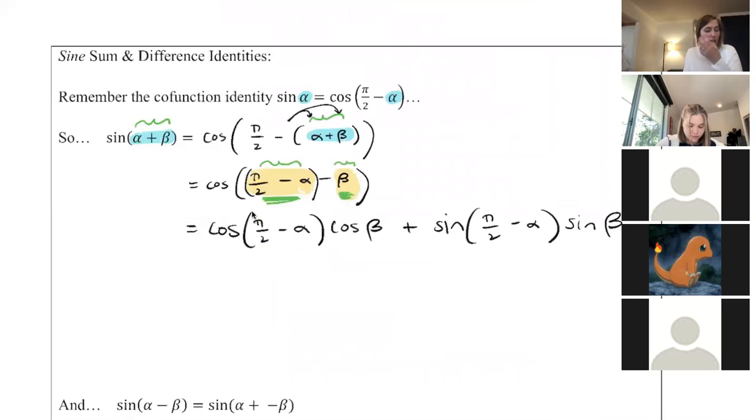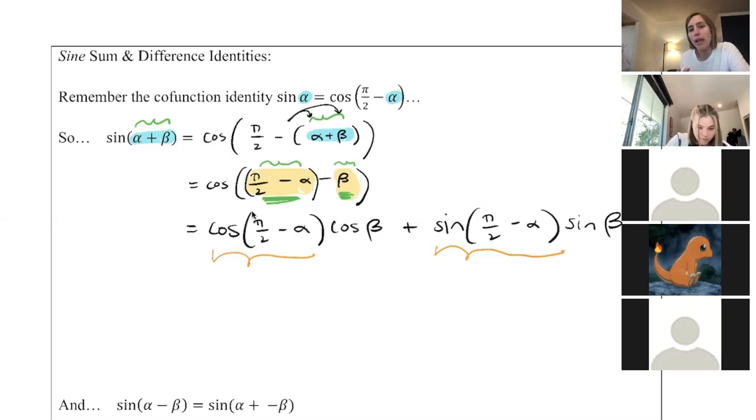It's hard to see. So what we're going to do next is what Vincent was just mentioning, that we're going to replace the cosine of pi over 2 minus alpha with its identity, which is just sine alpha.